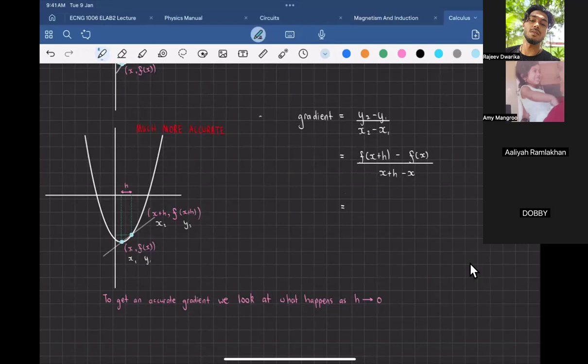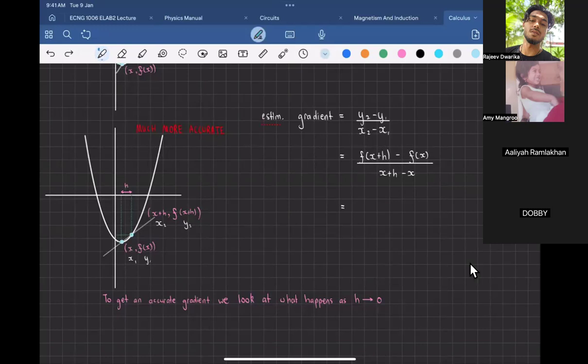Oh, by the way, this is the approximate gradient. I could just say estimated gradient. And Aliyah, what does this simplify to? Can't simplify anything on top.